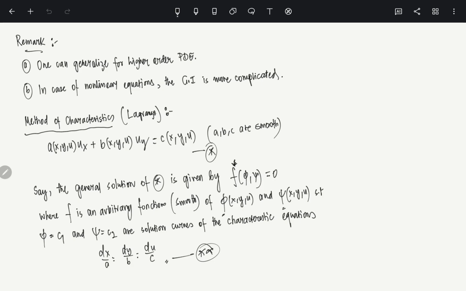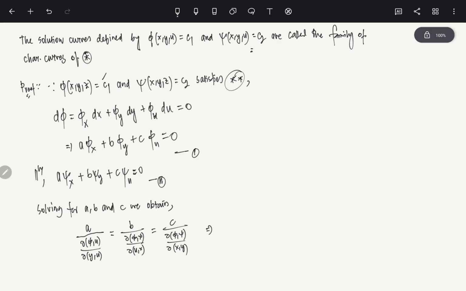So that will imply that p times del phi psi by del y u, plus q times del phi psi by del u x, equals del phi psi by del x comma y.